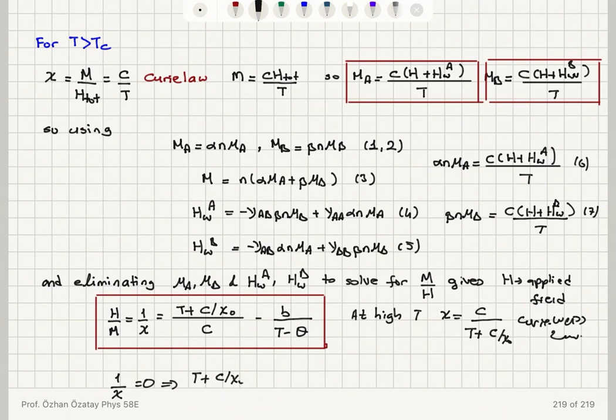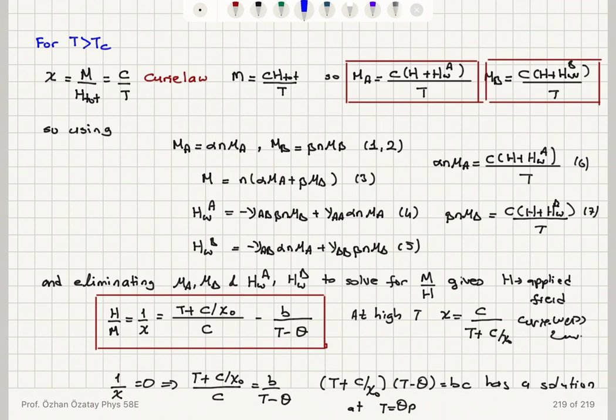T plus C over chi 0, divided by C, is B over T minus theta, and we find that T plus C over chi 0 times T minus theta is equal to BC, and this has a solution at T equal to theta P, which is called the paramagnetic Curie point.